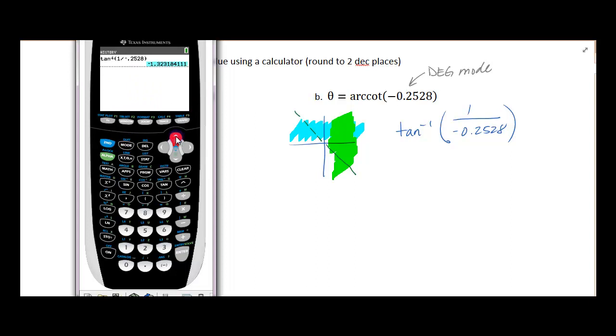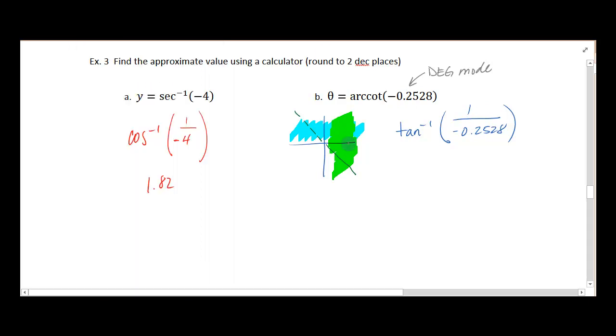I'm going to pull that problem down one more time, and ask the calculator to find me the inverse tangent of this right here, and you can see I get a negative value. In other words, it gave me this down here, which was -75.81. So the calculator returned for me the inverse tangent angle down here in quadrant 4.